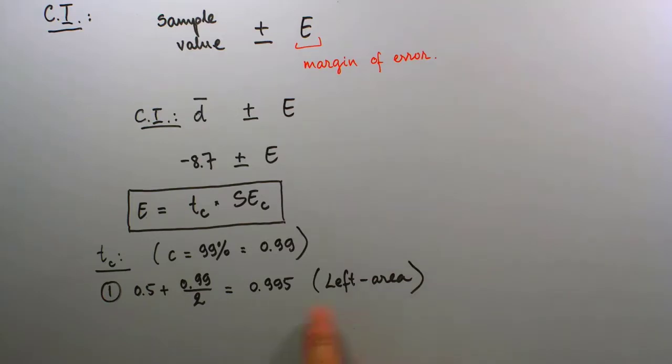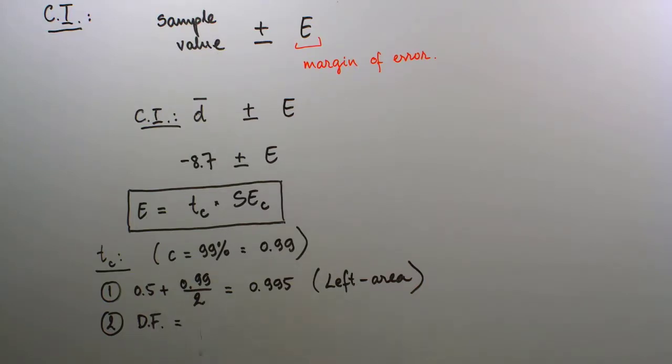Then once we have the left area, we need to look for the degrees of freedom of our samples. In this case, since we have two samples, very similar to the arguments I made in part A of the current example, this degrees of freedom can no longer be n minus 1.